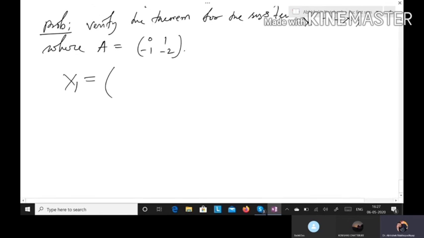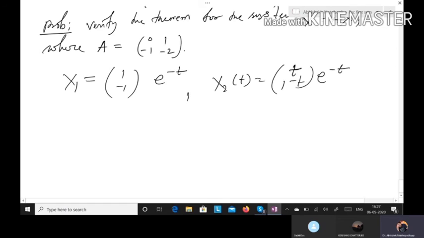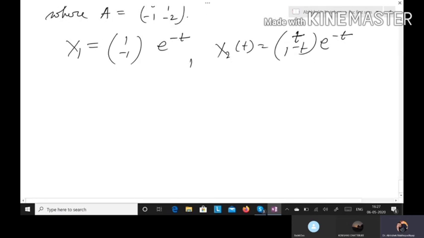So x1(t) is (1, minus 1) e to the power minus t, and x2(t) is (t, 1 minus t) e to the power minus t. These are two linearly independent solutions.